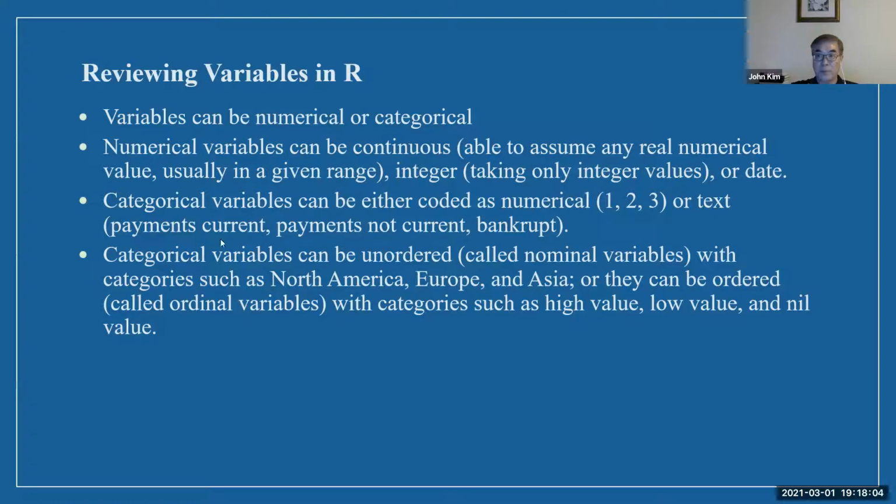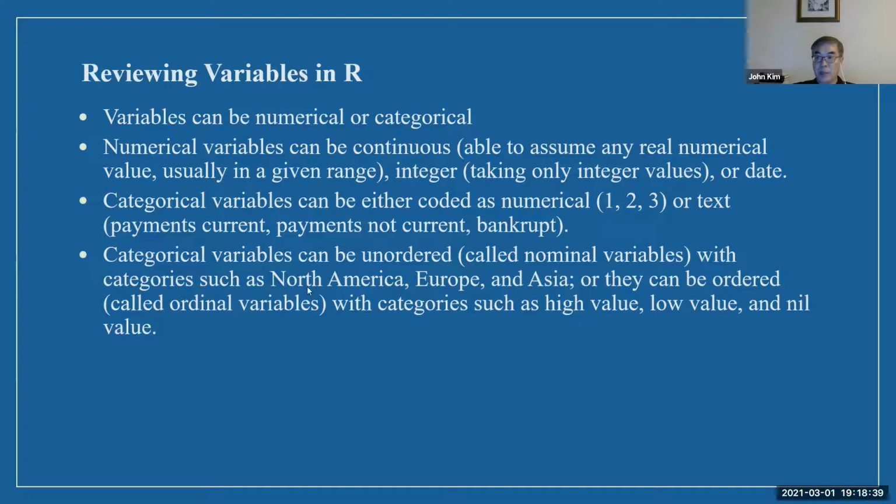like a payment, current, not current, and so on, like high, medium, low, and so on. Categorical variable can be unordered, called nominal variable. So there is no rank. First year, second year, third year, the fourth year, the school year, that is ranked, ordered.